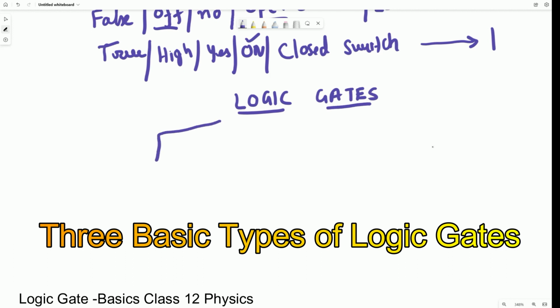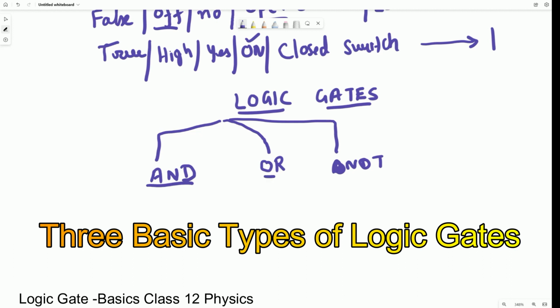The first is the AND gate, which is very basic; I will explain what it is later. The second important one is the OR gate, and the third one is the NOT gate. So the AND gate, OR gate, and NOT gate are the basic ones.